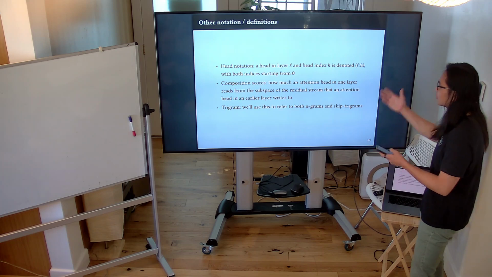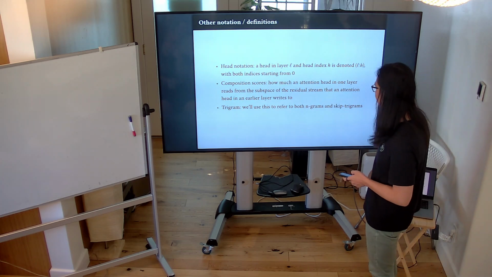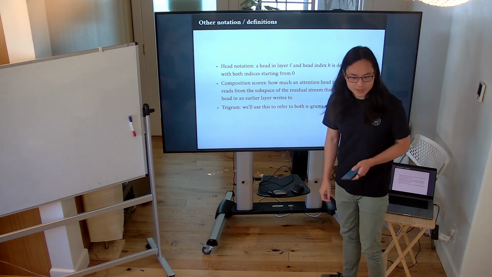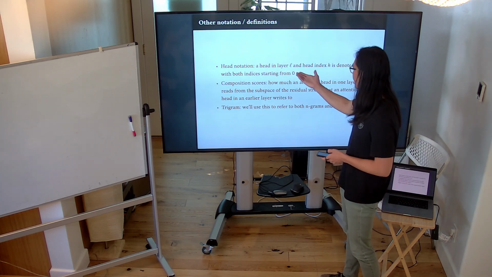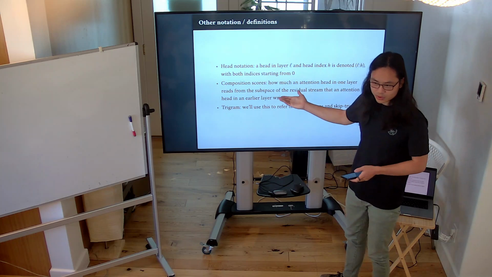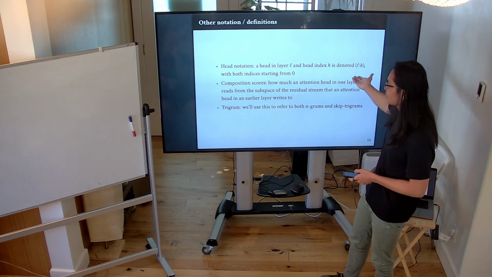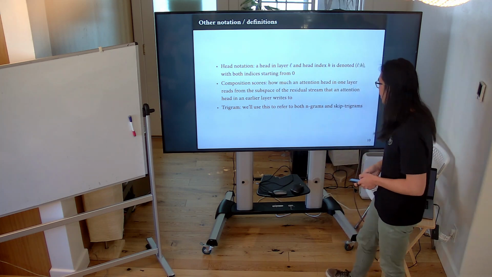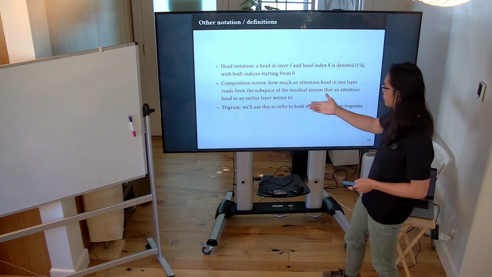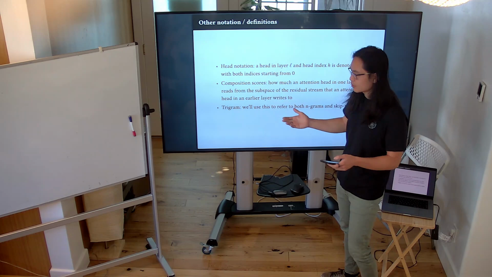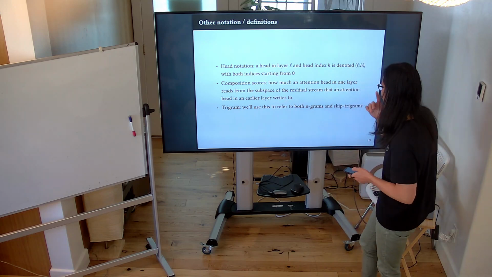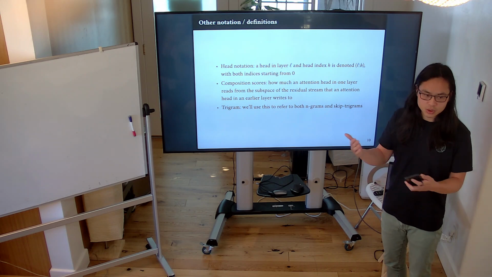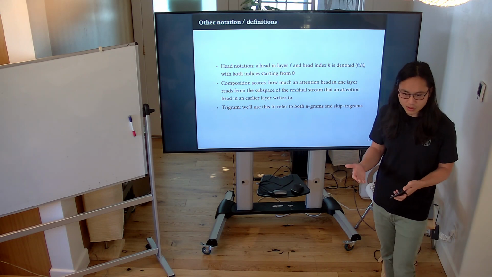Okay, and then some other miscellaneous notation. Throughout this talk, I might refer to specific attention heads. A head in layer L with head index H is referred to as the head L:H, and both indices start at 0. Composition scores are the things that Anthropic studied. Informally, these are how much an attention head in one layer reads from the subspace that an attention head in another layer writes to in the residual stream.